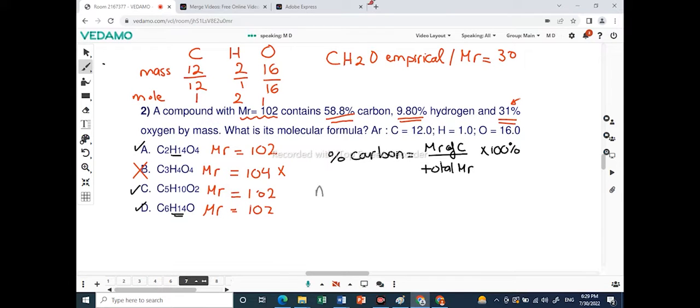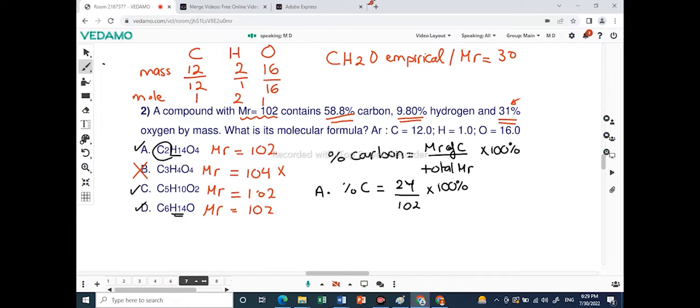So if I'm going to start with A, I'm going to find the percentage of the carbon. How many carbons do I have? I have 2 carbons. 2 times 12 is actually 24. So it is 24 divided over the total molar mass, which I already know is 102, multiplied by 100%.